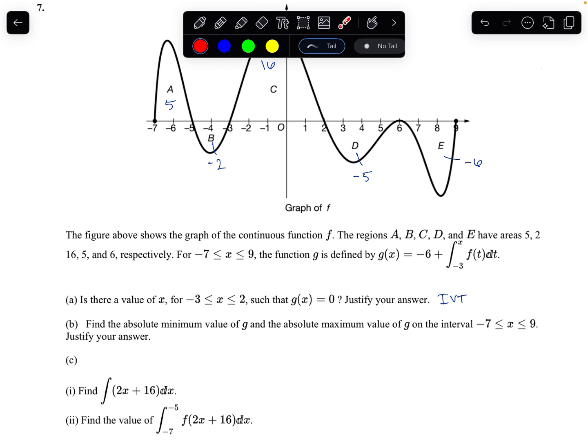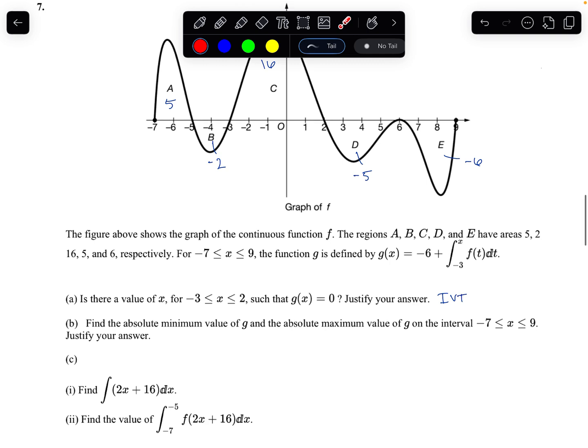I hope so. I think it is, because g is defined with f right here, and f is continuous. So I'm pretty sure we can say that g is continuous. And so all I need to prove is that it crosses, that it will have to be 0.